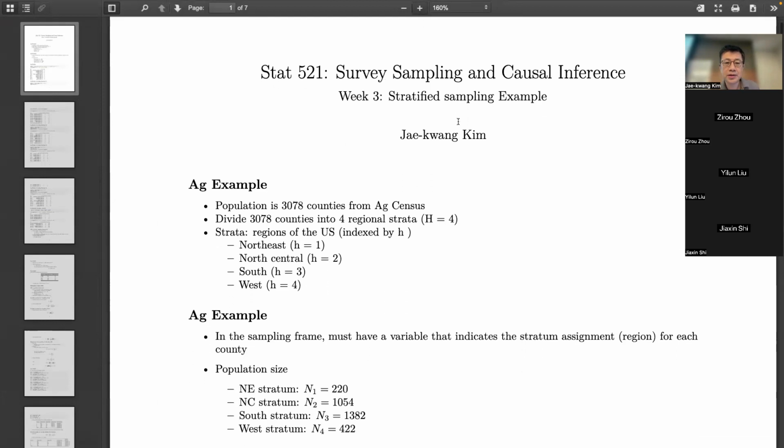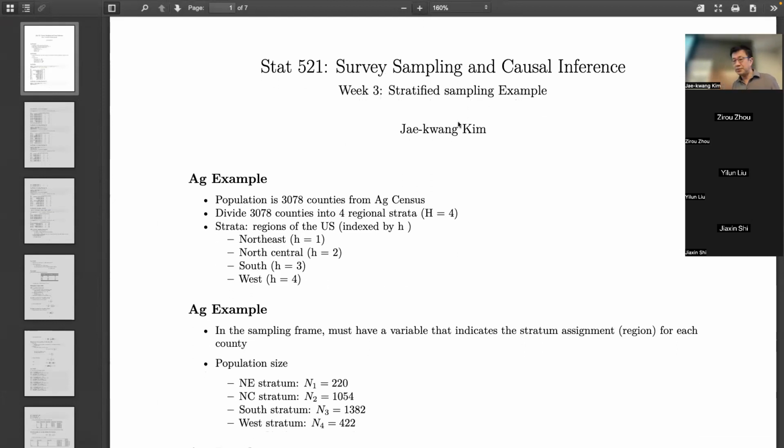Okay, so this is actually real data. You have the US agricultural census. A census of households and population is taken every 10 years, but the agricultural census is every 5 years.